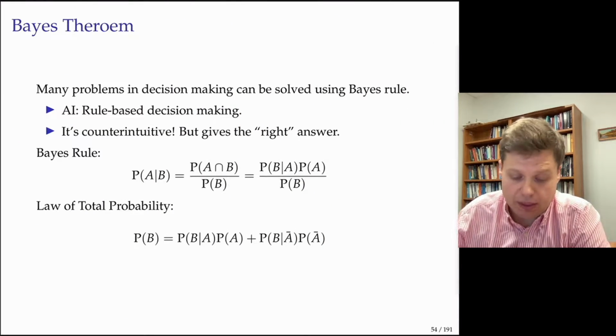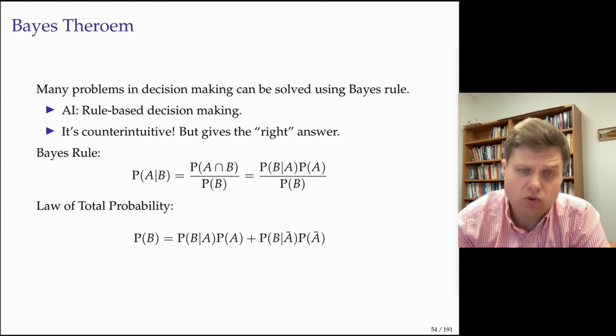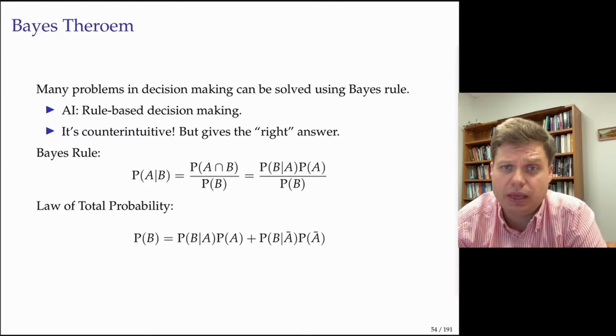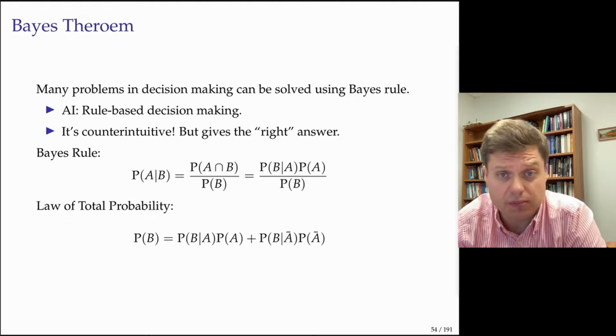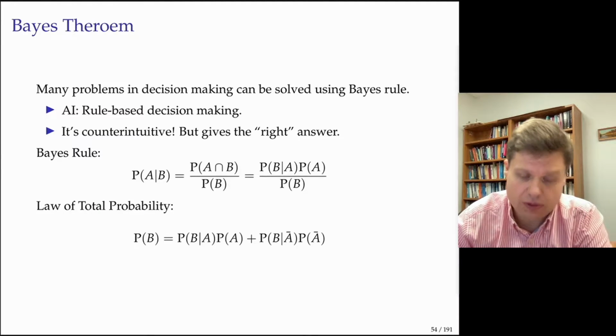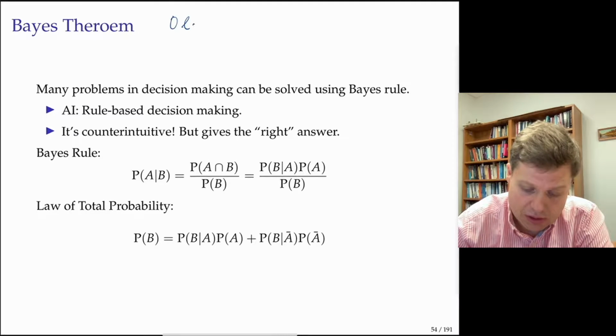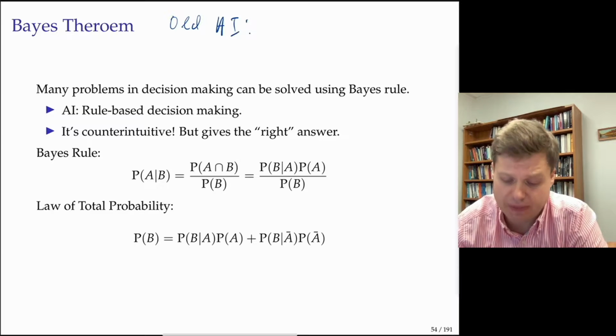And a lot of the new artificial intelligence based systems rely on the Bayes rule. So if you go back maybe 20-25 years, the old AI systems were also called expert systems.